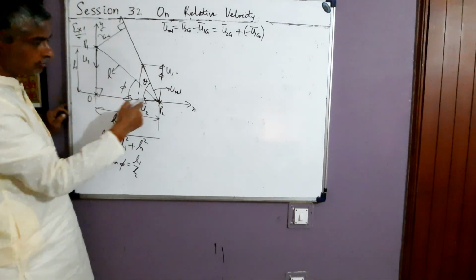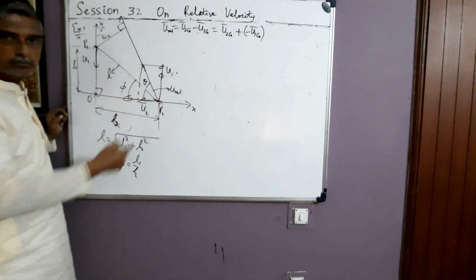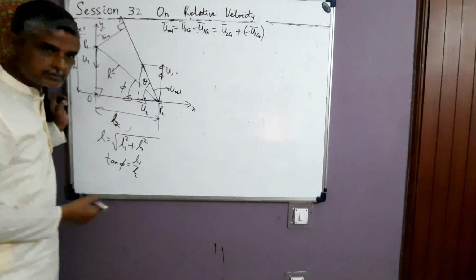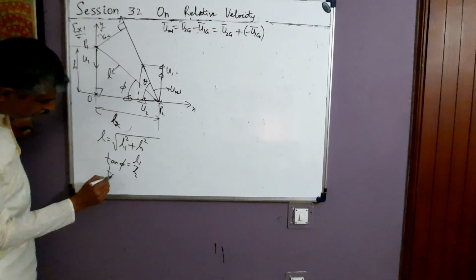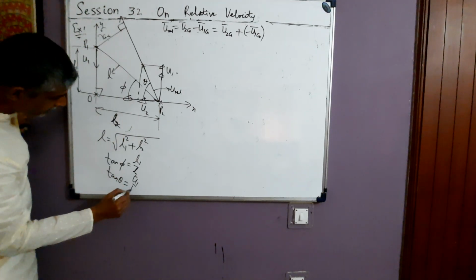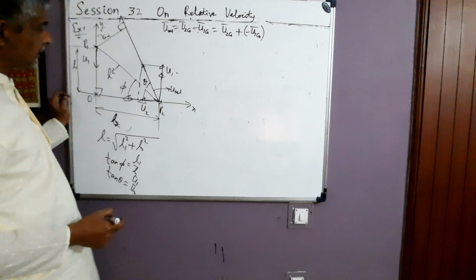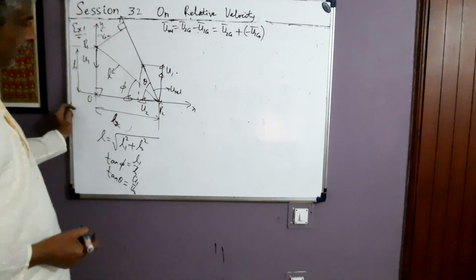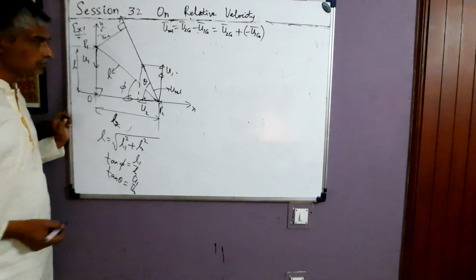Right angle triangle, diagonal, Pythagoras theorem. So tan theta is equal to u1 by u2 and tan phi is equal to L1 by L2.